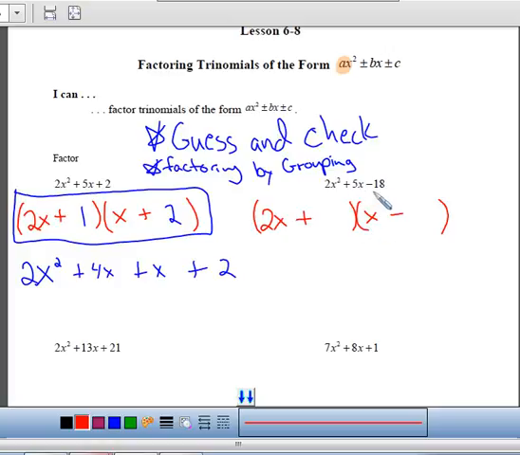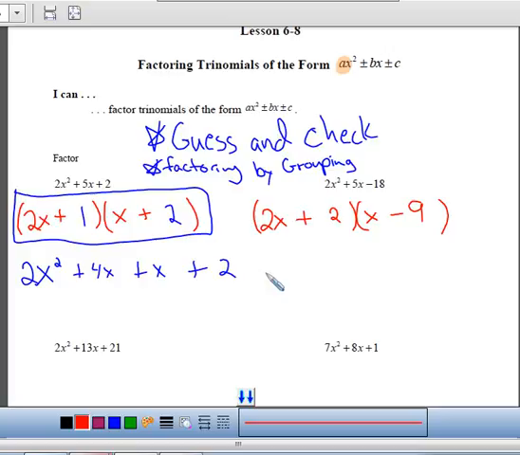So 1 and 18 are not going to work. 2 and 9 might, and then the other possibility is 3 and 6. So let's just try positive 2 and 9. Now don't write this down, but watch. Or if you want to write it down and be prepared to erase in case it doesn't work, that's fine. 2x times x I know is 2x squared.